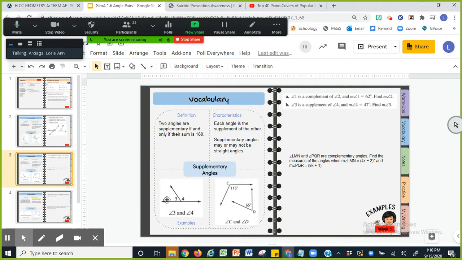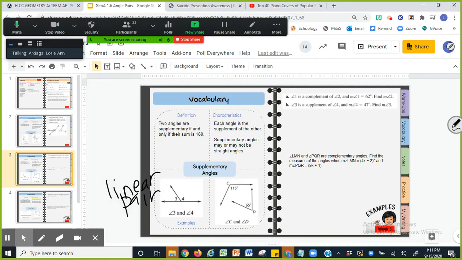So let's say angle 3 is a supplement of 4 and vice versa. Now, these two examples are similar and different at the same time. They're similar because they add up to 180 when their measures are combined, but the first pair is actually what we call a linear pair, right? Linear pair. And we will talk about what a linear pair is again later on in the next few slides.